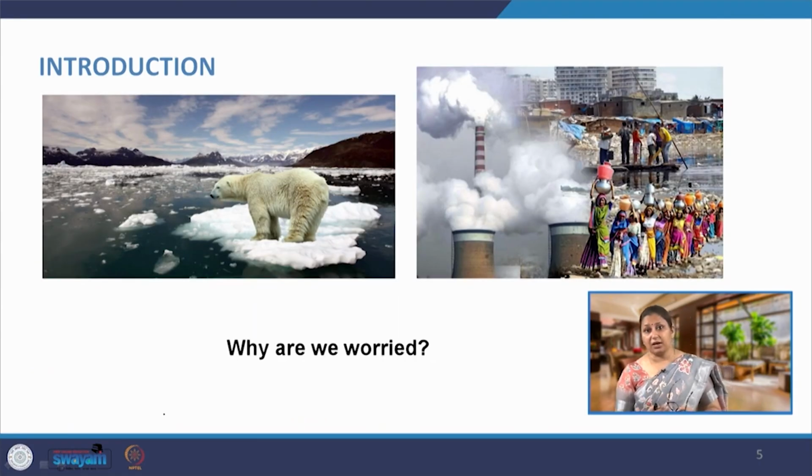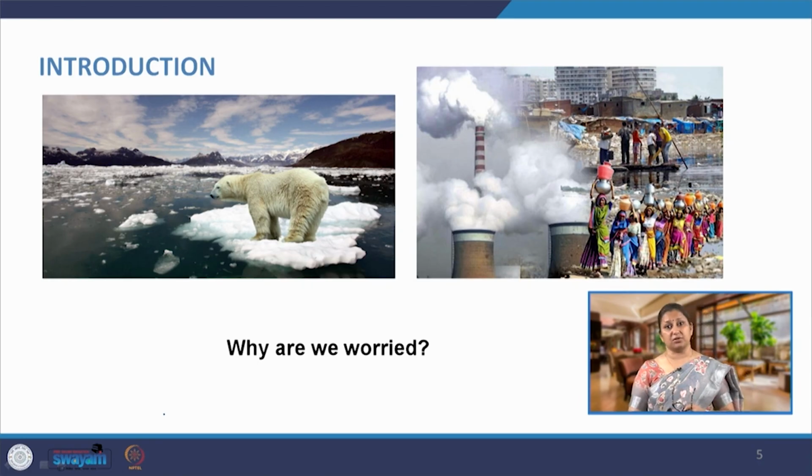Now, why at all are we worried? So, there is this polar bear which is standing on a small cut off piece of glacier. Are you or me or anybody here worried about this polar bear? Are we really concerned that, oh, this polar bear is going to get extinct? Well, not. We are actually worried about ourselves.